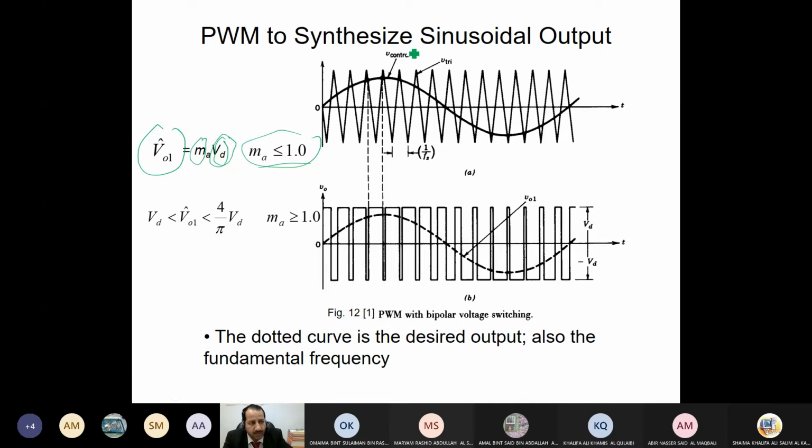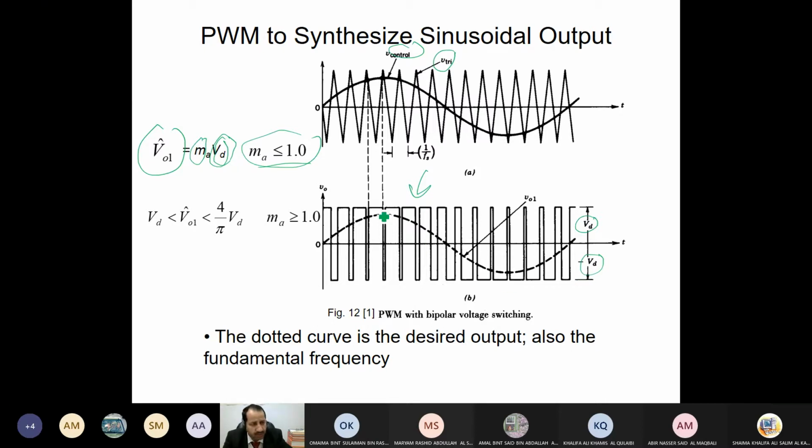When I compare control with triangle, as we discussed last session for the half bridge, the one leg, we got the same signal. The difference is that it goes from VD to minus VD, while in the previous leg it was from VD/2 to minus VD/2.